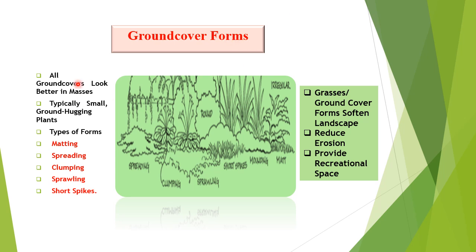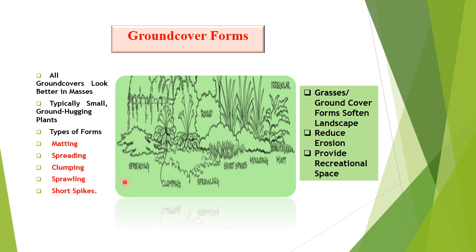Ground forms or ground covers look better in masses because they are in aggregates. They are typically small ground-hugging plants. Types of forms include matting type, spreading type, clumping type, sprawling type, and short spikes.